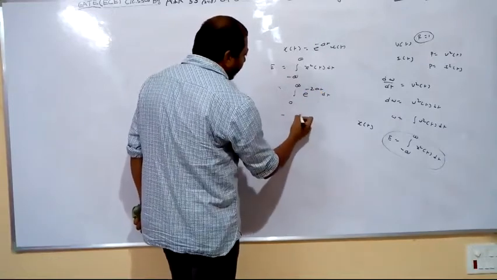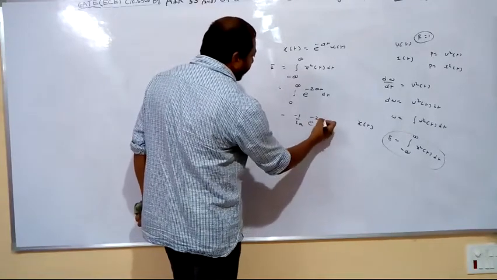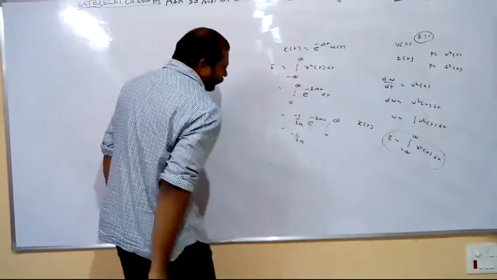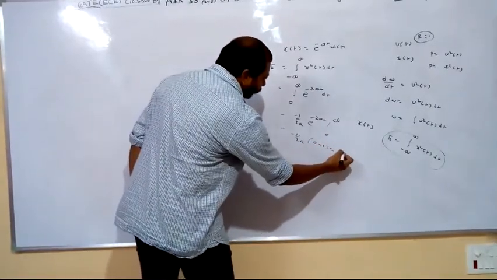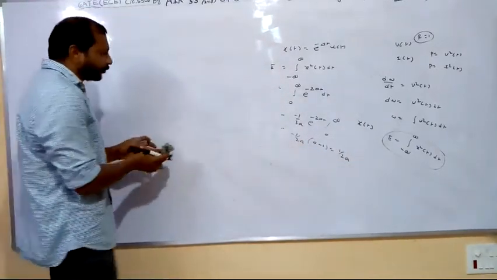So this value is equal to minus 1 by 2a e to the power minus 2a t, with limits from 0 to infinity. As e power minus infinity equals 0 and e power 0 equals 1, this is 0 minus 1 times minus 1 by 2a, so this value is equal to 1 by 2a.